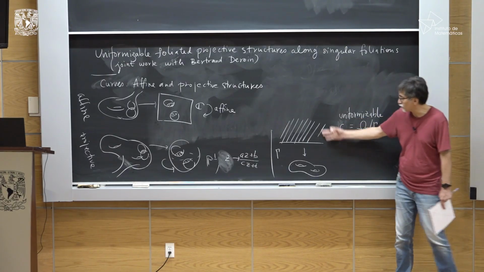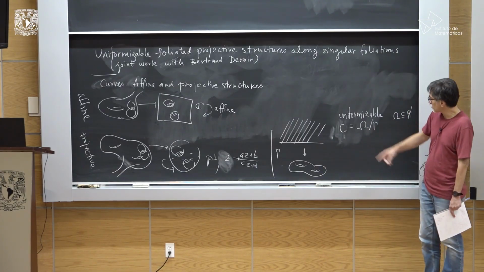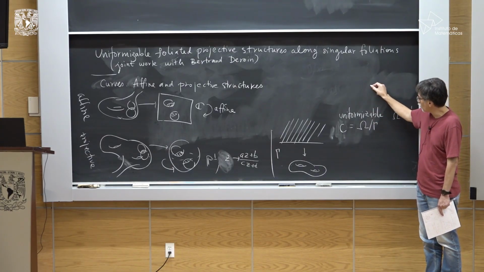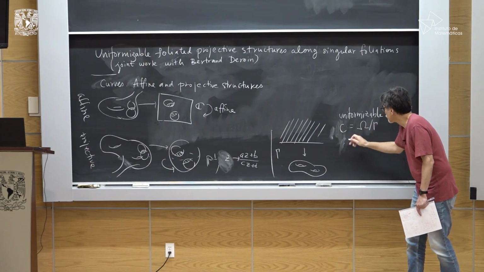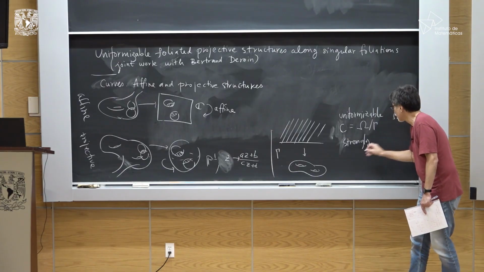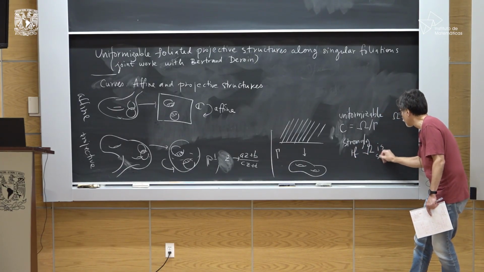So this is an example of a uniformizable projective structure. There are other sorts of uniformizable projective structures. And I will say that this is strongly uniformizable if this omega is simply connected.